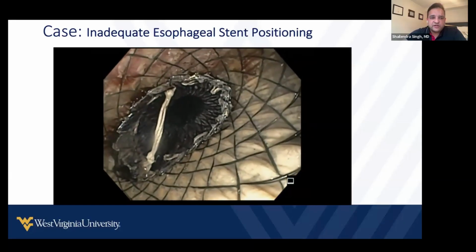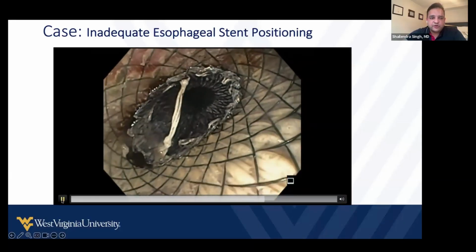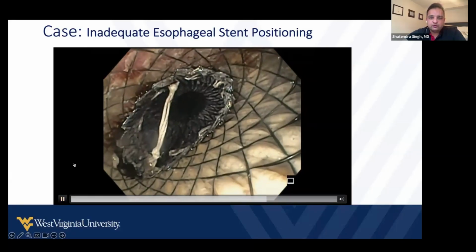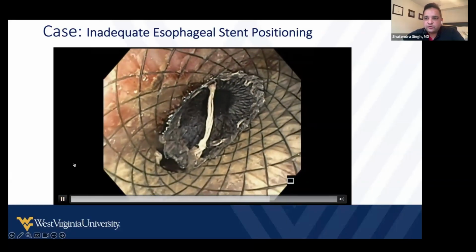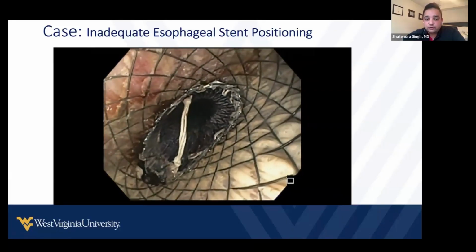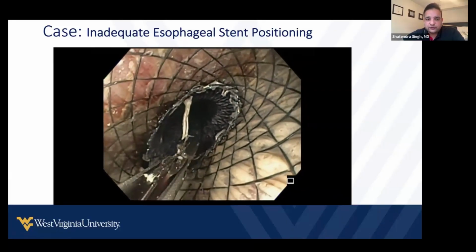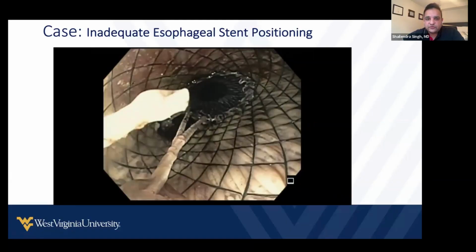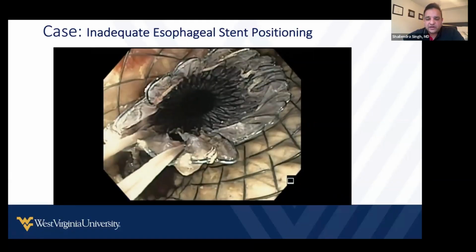Now, another practically important thing I want to point out is this suture, or this white thread, that can be used to manipulate the stent. So if you have placed a stent and you don't like your position, using a rat tooth forceps, you can pull this string in, make sure you have an appropriate placement.